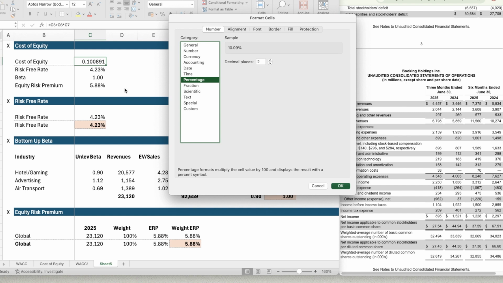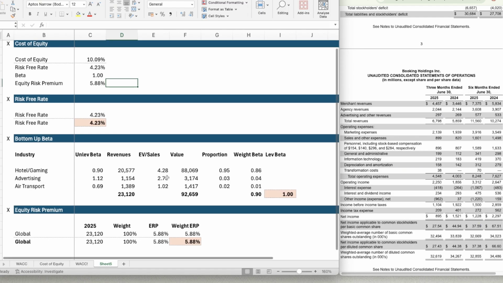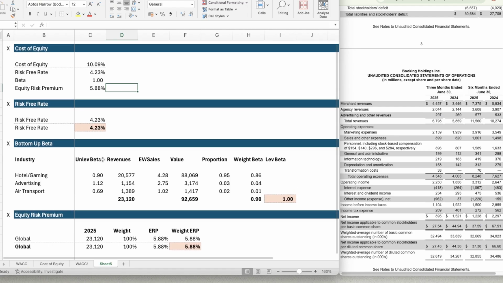There we go. So as you can see, we've built out our cost of equity and broken it down into each segment to give us an idea of what goes into it. So hopefully it's a lot more accurate than just using what Yahoo Finance would say the beta would be.